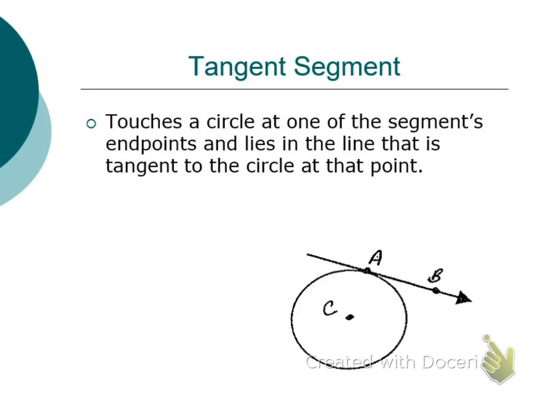So our tangent segment would just be segment AB, just from A to B. So it's inside of a line that is tangent to the circle. So AB as a segment is a tangent segment.